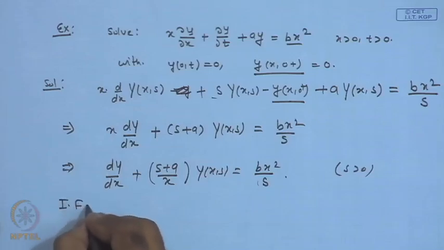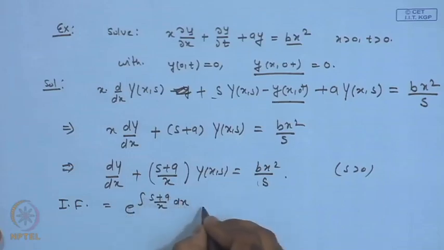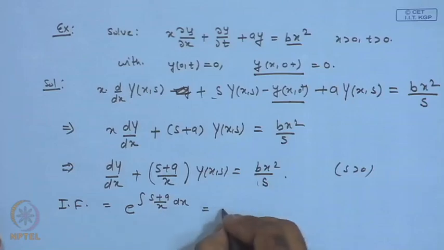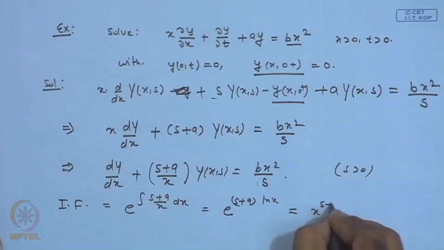So, we have the integrating factor in this case again, e to the power integral of (s plus a) over x dx. So, this will be e to the (s plus a) ln x, which will give x to the power s plus a.